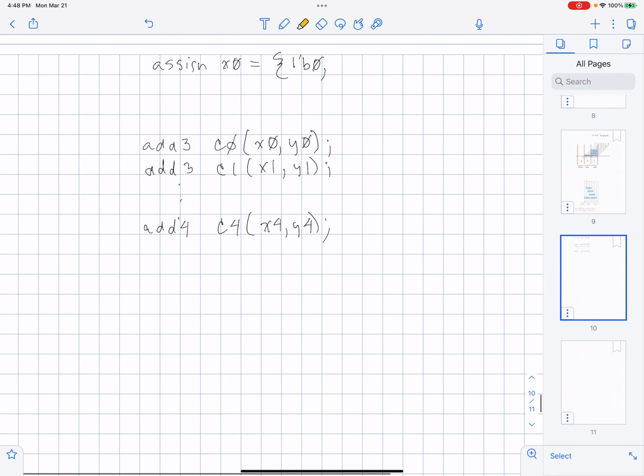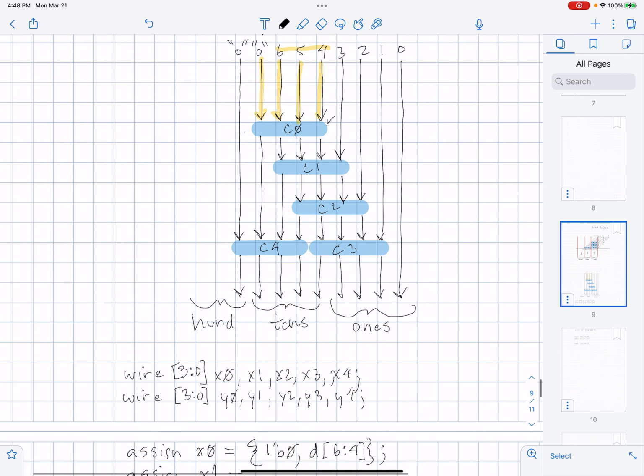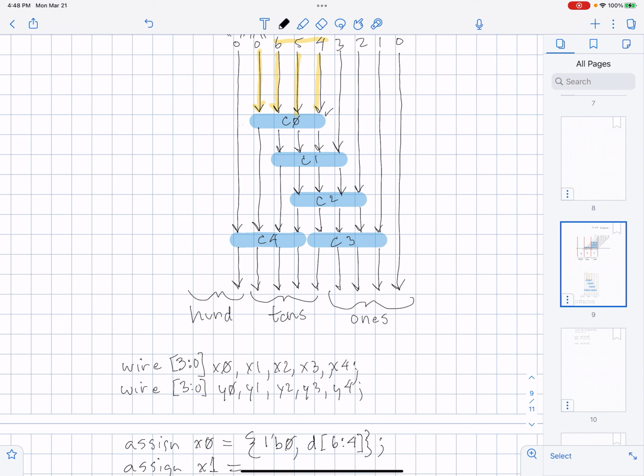So what I would put down here for the assignment, if D represents the data, bits 6 through 4 are what connect to the input of C0, which we call X0. All right, then I need to do the same thing for X1, but I get that from the diagram. That's the whole point of this diagram.